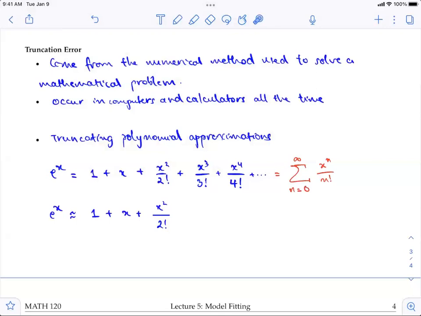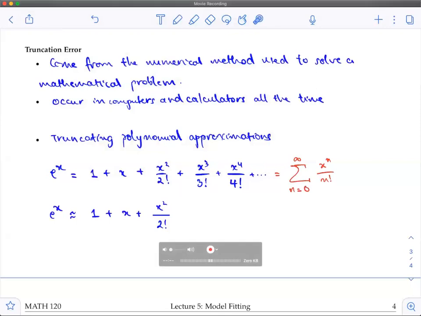For example, after x squared, you truncate the rest of the series and just focus on the first three terms. As a matter of fact, in numerical methods they usually use big O notation to indicate that, okay, after x squared, or at x cubed and so on, we don't care about that. It's not significant to include the terms after x squared in the calculations.